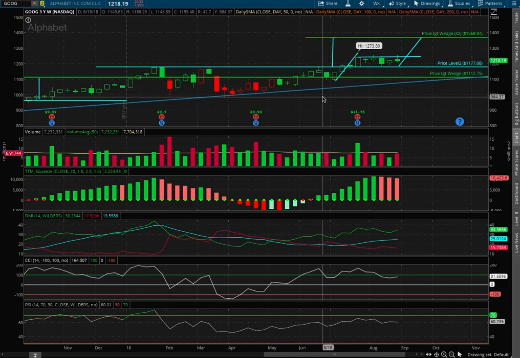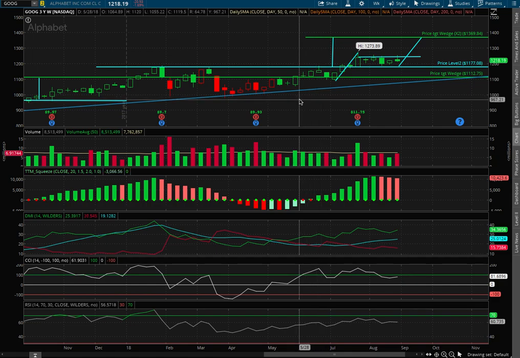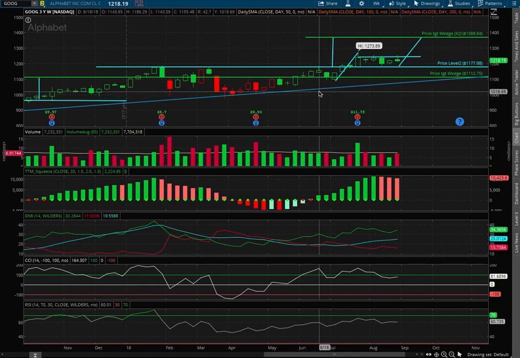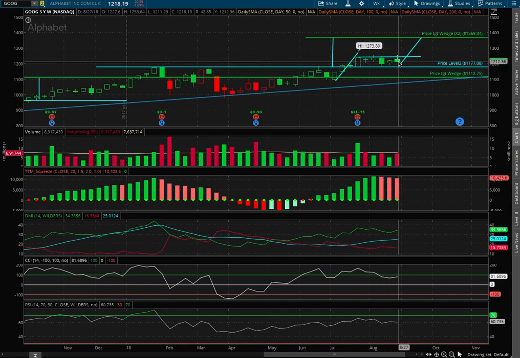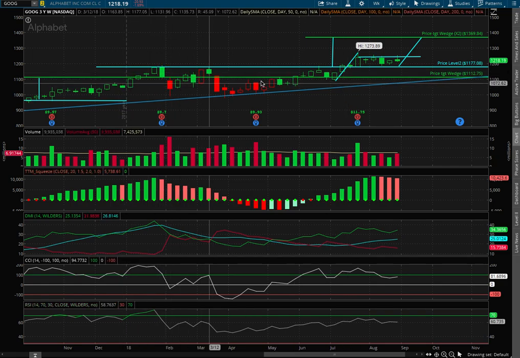A weekly chart takes a week for the candle to establish. So this pattern took 1, 2, 3, 4, 5, 6, 7, 8, 9 weeks to establish. And several months to establish this pattern.